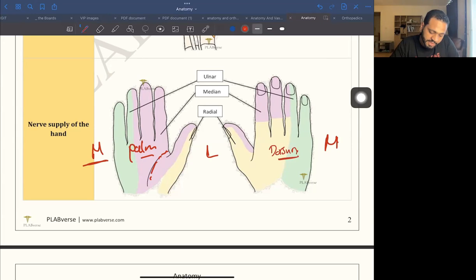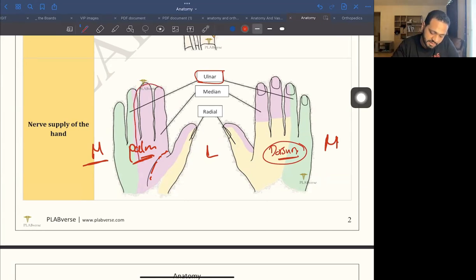Okay, so the sensation of the medial 1.5 fingers, from the palmar and dorsal surfaces, is supplied by the ulnar nerve. The median nerve will take the lateral 3.5 fingers from the palmar surface.